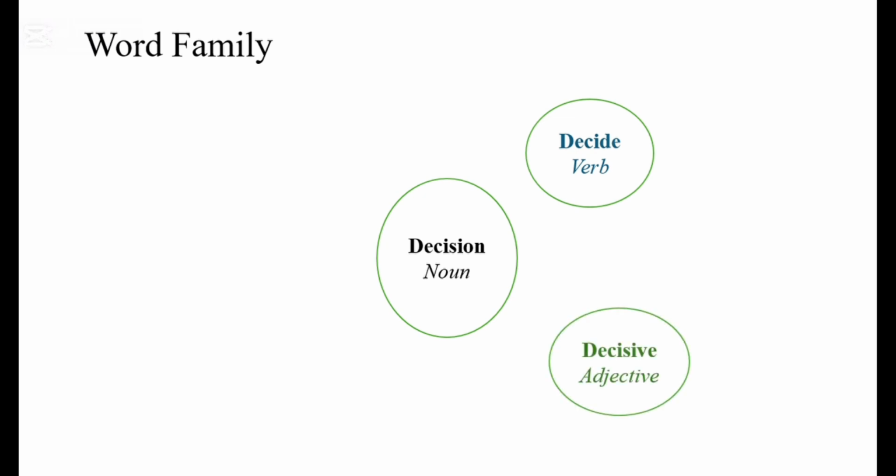Then the adjective form of the word decision is decisive. And then the other thing is adverb. The adverb form of decision is decisively. So this is how you can make diagrams, put the word family around on your notebook, and then try to use those words in your conversation, in your writing, and your speaking as well.